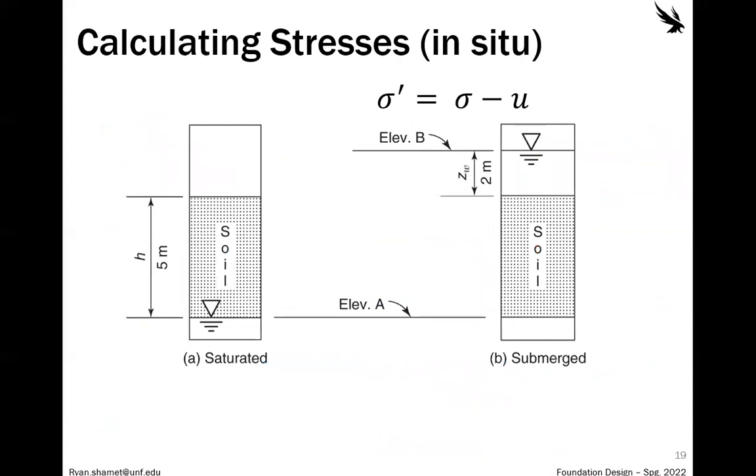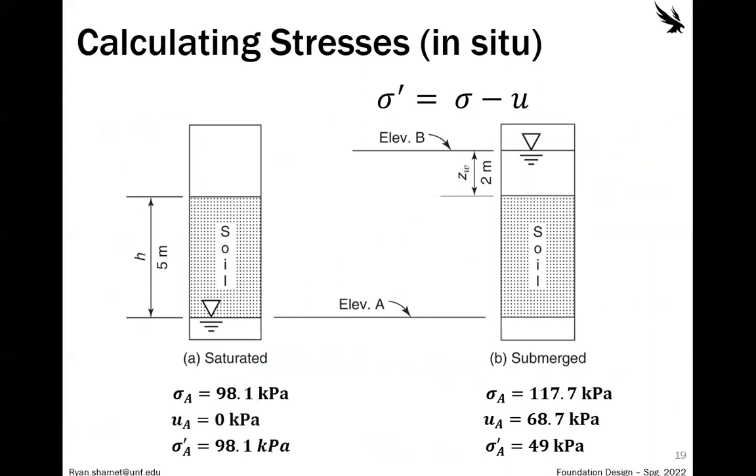Okay, so just to compare these so we can get an idea of how that groundwater table changes. For our submerged case, these are the 3 values we got. And then for our saturated case, even if we have the same density here, because of the groundwater table, we can see it's almost half of the effective stress.